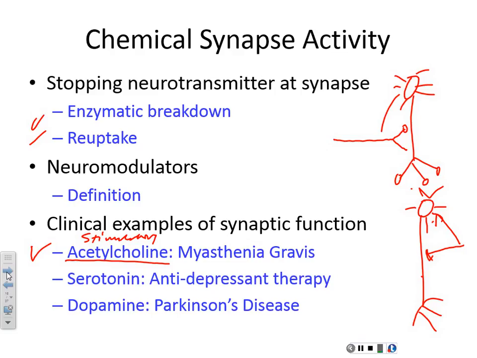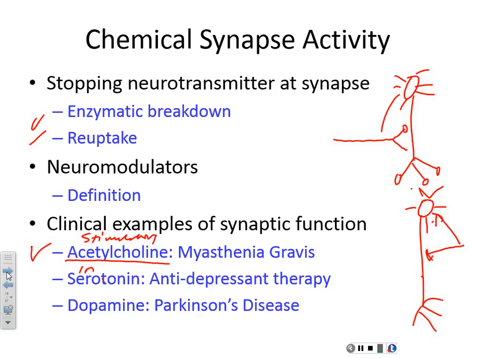So your muscles are weak and you get myasthenia gravis. You gotta be able to explain to me how the condition arises and the neurotransmitter involved, what kind it is. This one, serotonin, is mostly inhibitory. I chose this specifically because it gives you an example of the three kinds that you can find: ones that are stimulatory, ones that are inhibitory, and dopamine that is both stimulatory and inhibitory.